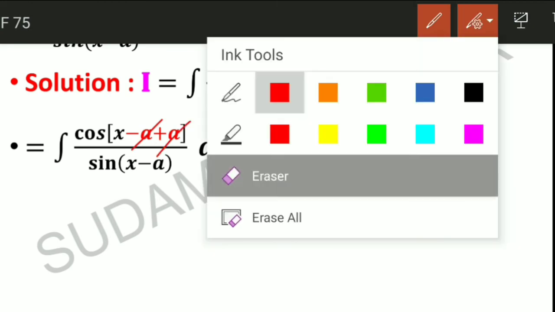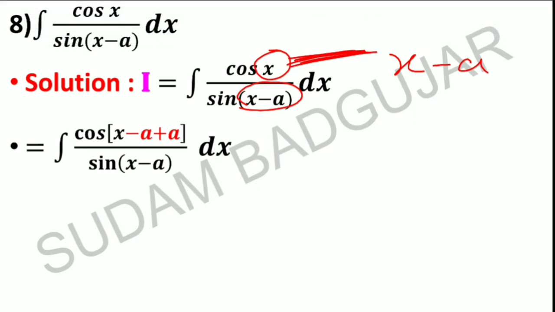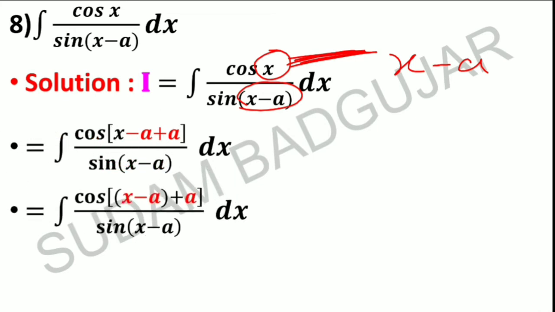So you don't cancel this. For adjustment, you have to subtract and add a there. If it is b, then you have to subtract and add b. If plus b, then add and subtract b. Understood? And again you have to write in proper form, that is cos of (x minus a) bracket complete plus a. See, you have to observe this.